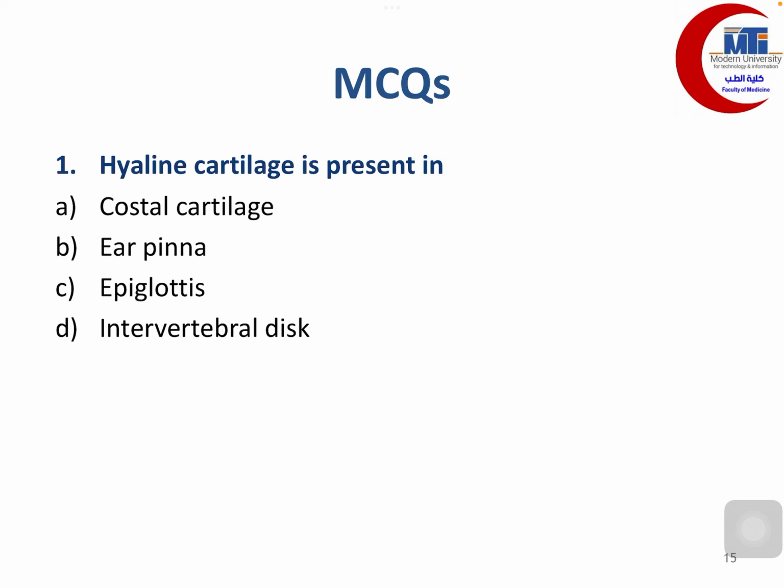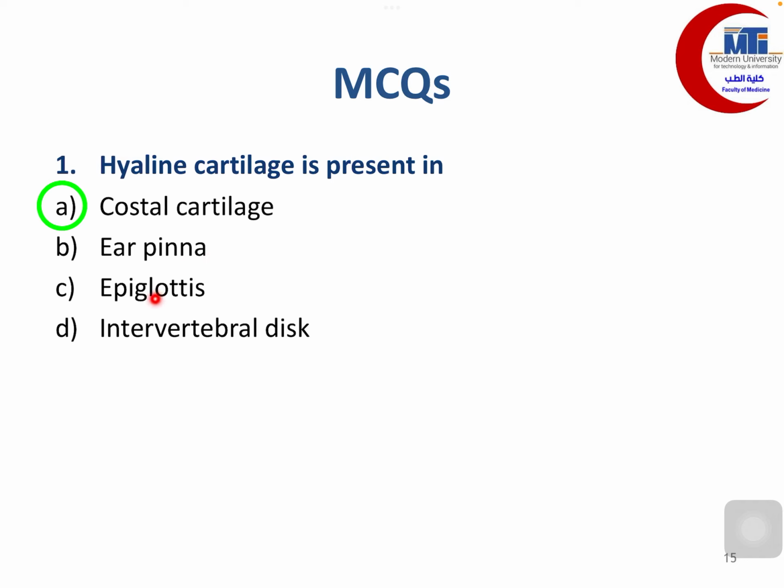So let's answer some questions now. The hyaline cartilage is present in, you can pause the video for a moment to think about the correct answer, and you can resume whenever you are ready. So the correct answer is the costal cartilage, as you can revise the sites of the hyaline cartilage.